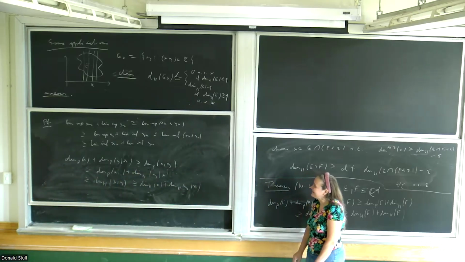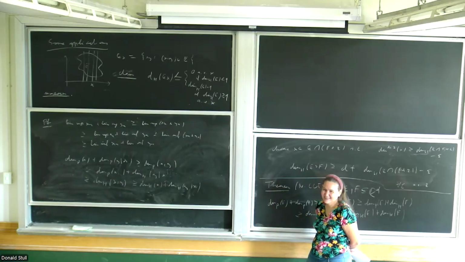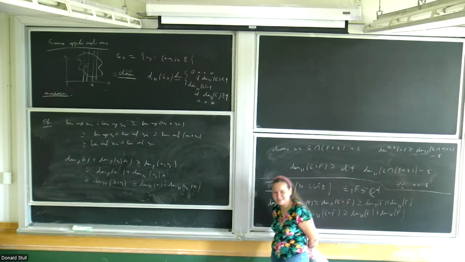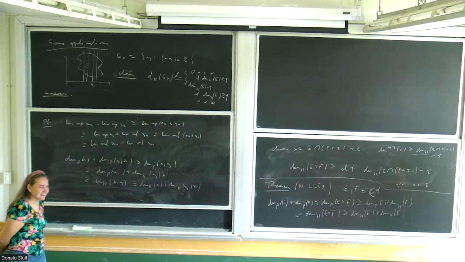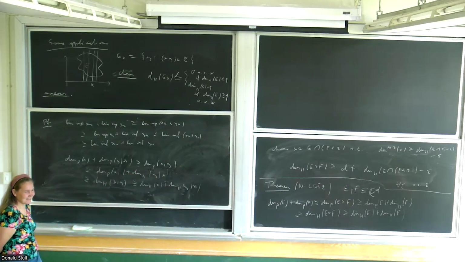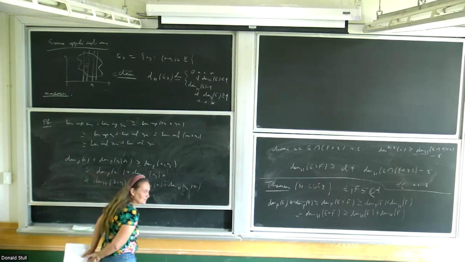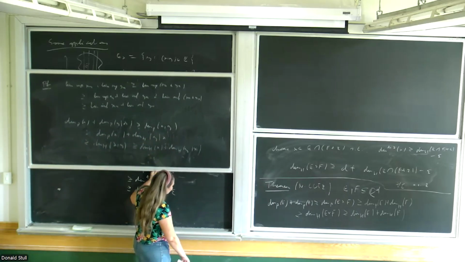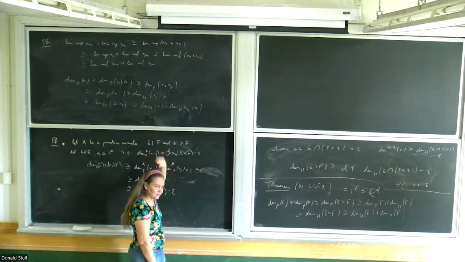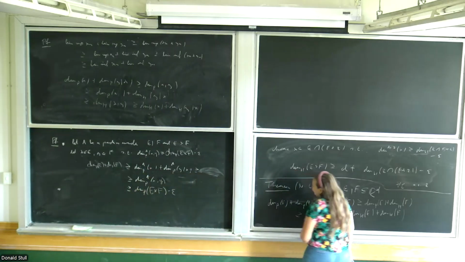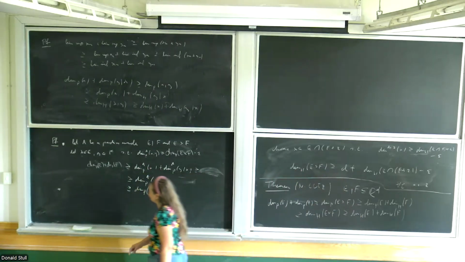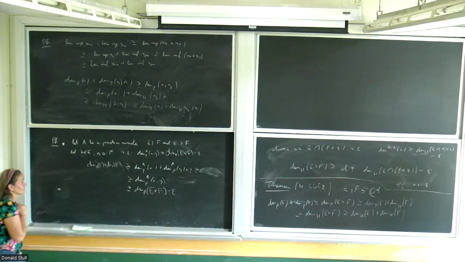Not always. Here I am using the trivial direction of symmetry of information. You're about to use the non-trivial one. Yeah, as Don is saying, now I am about to use the non-trivial one for the second inequality.